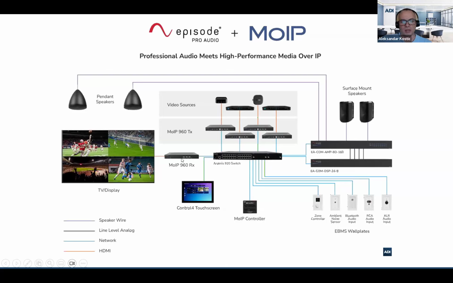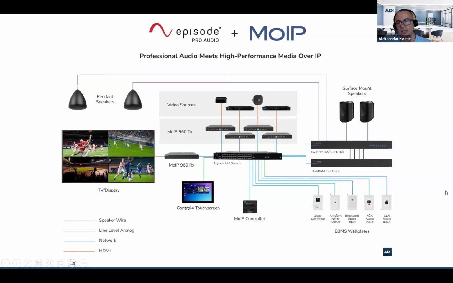Also, I have one Binary receiver here, which combines multiple streams from multiple transmitters to a single display, and as it is 960, it supports a multi-view video screen. Of course, if we combine EBMS and media over IP, we always need to have the MOIP controller, which is in charge of all audio and video routing.